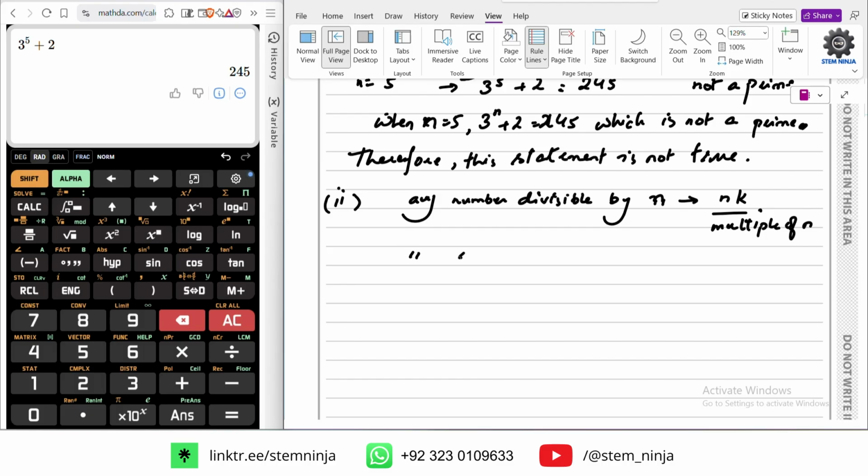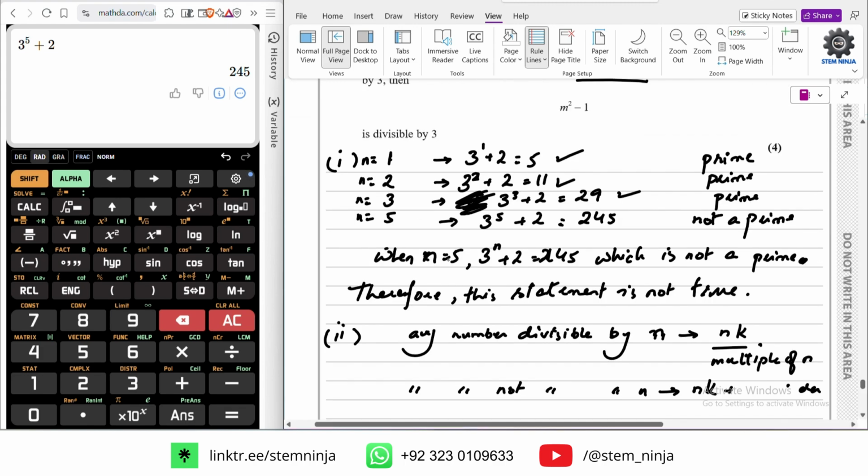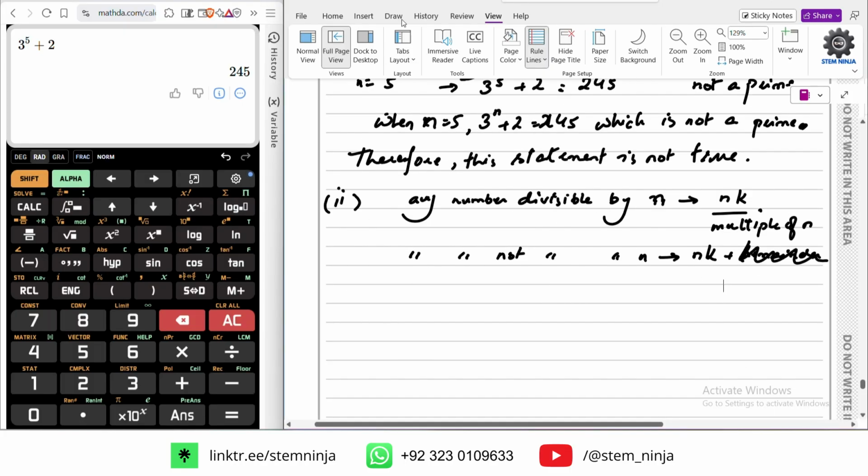However, any number that is not divisible by n would give you some remainder, and the remainder would always be from 1 to n minus 1.